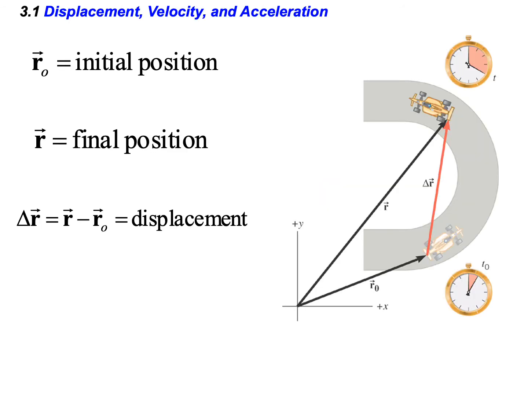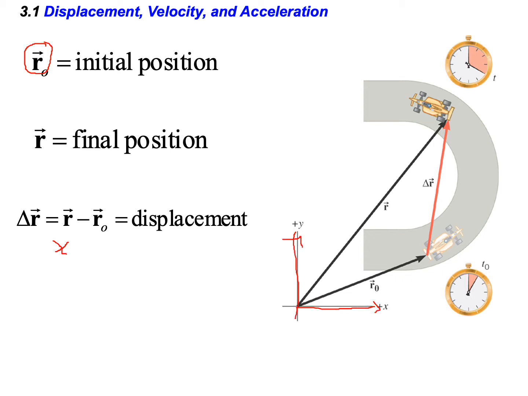In one dimension motion, we use the letter x to represent motion along the x direction or any linear direction. In this chapter, we use a special letter r, which represents, in this example, x and y, which is a plane.